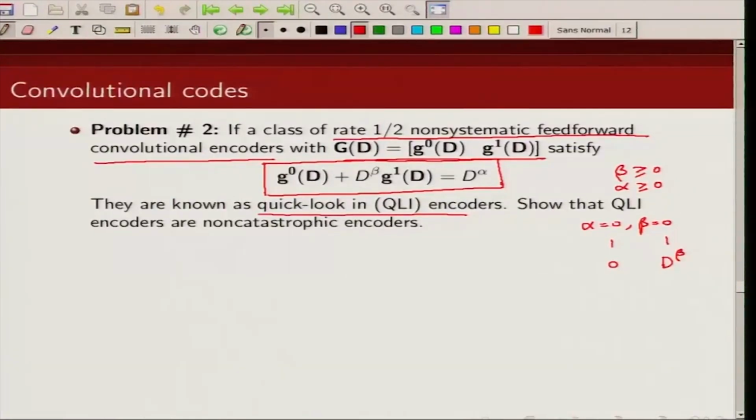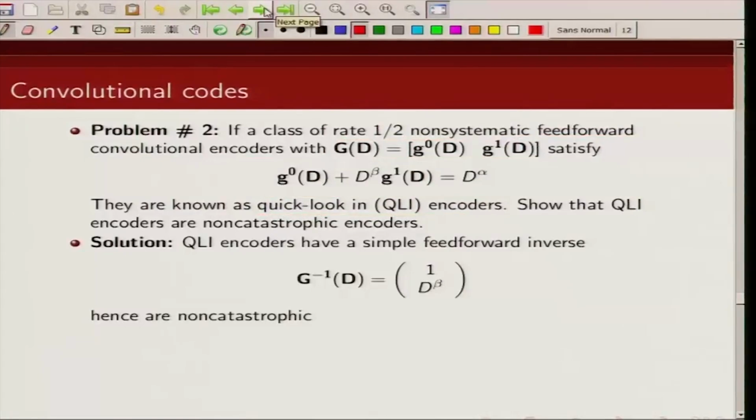So, they are in some sense closest to systematic codes, if you want to call them that. So, quick look in encoders have a very simple feed forward encoder inverse, and that is given by this. And you can verify that G of D times the inverse is D to the alpha.